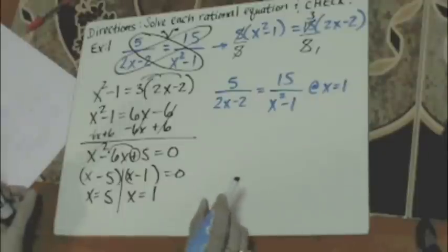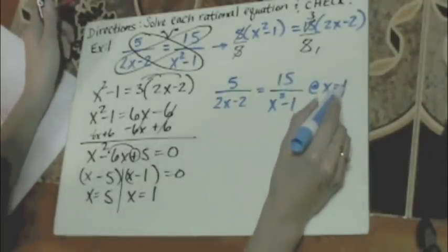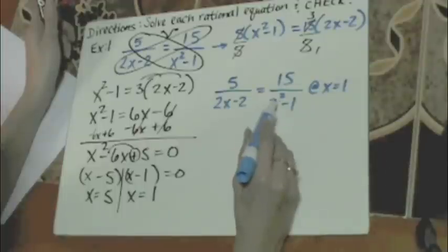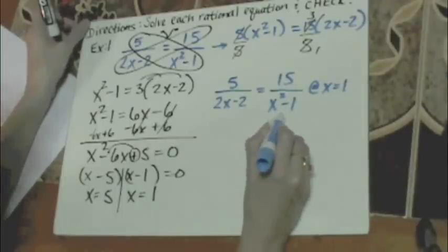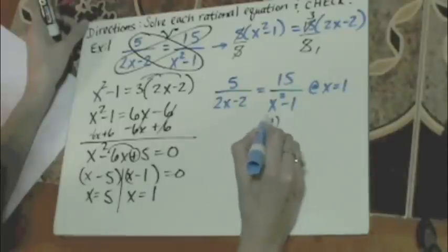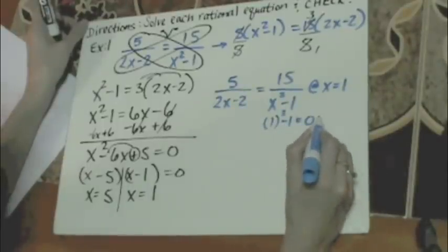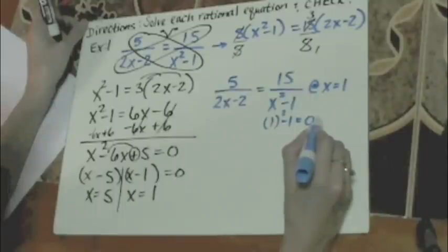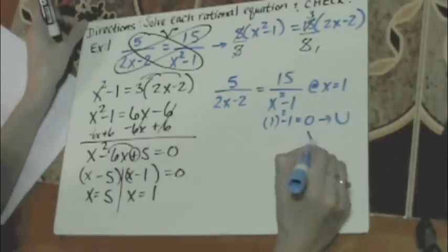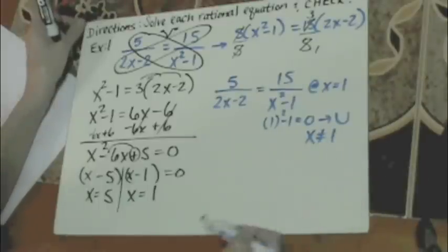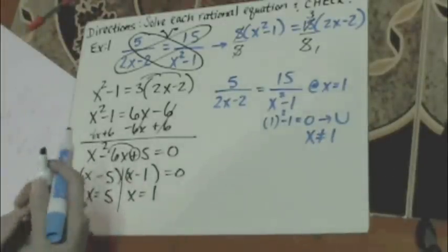Now, when you know your restrictions, you should see that if I put a 1 in here, 1 squared minus 1 is going to give me a what? This is going to give me a 0, which makes it undefined. So x cannot be equal to 1 here. So we need to check out 5.